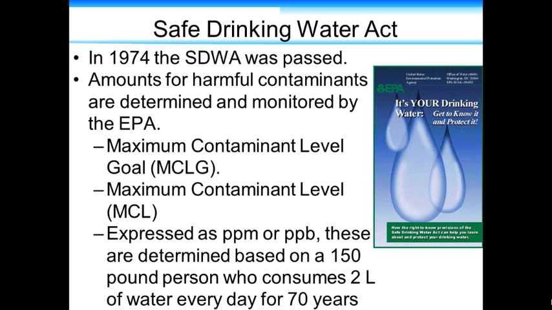These concentrations are frequently expressed in parts per million or parts per billion, and they're determined based on an average body weight and consumption of tap water throughout their lifetime.